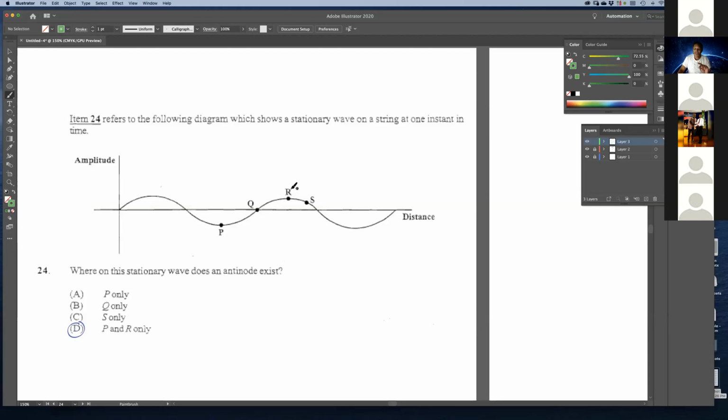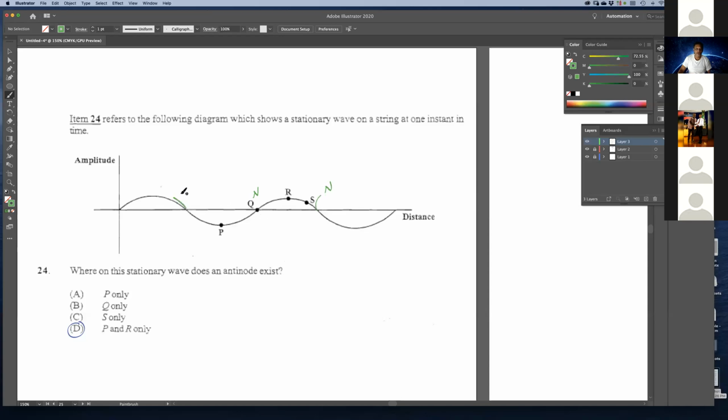But the maximum displacement isn't always maximum. This displacement varies from zero, slightly positive, more positive, negative, and so on. So this is a node for sure. This is another node for sure.